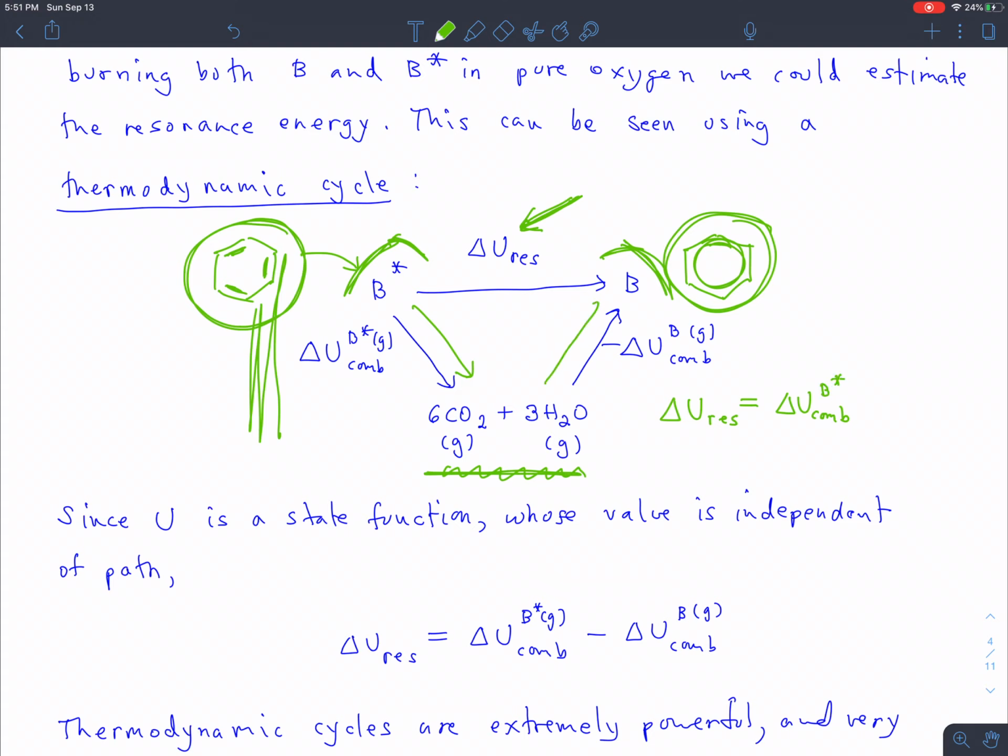And then we want the negative of the delta U for the actual combustion of benzene, and that's the anti-combustion delta U. And so the resonance energy that we want is the difference in the combustion energies for B star and for B.